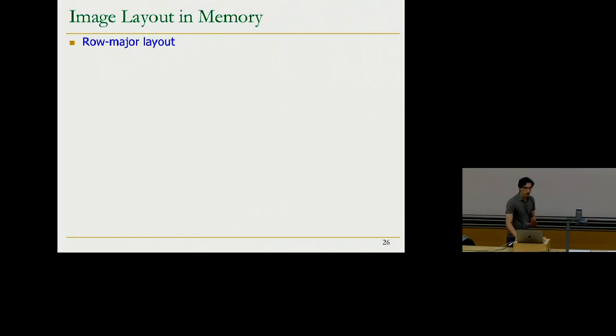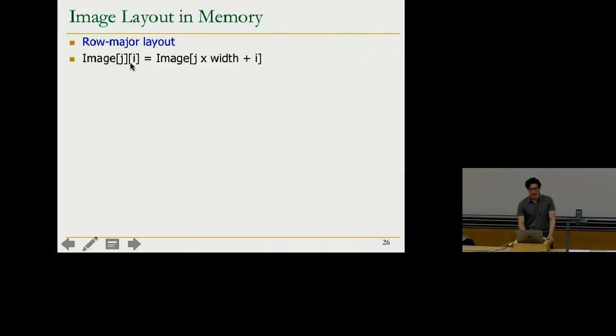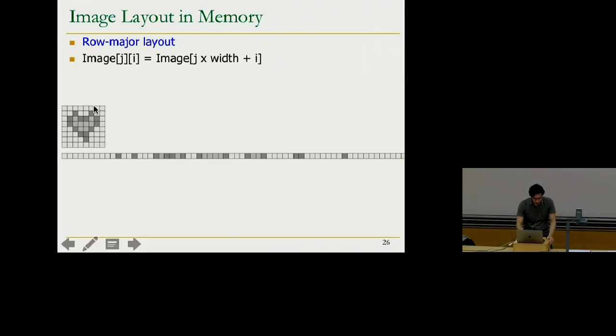We assume, and not only assume, in CUDA C we use a row-major layout that we explained yesterday, as you might remember. In this row-major layout, if we want to access image[j][i], what we are actually doing is accessing memory position j times width, which is the number of columns, plus i. So this is my image, and this is how my image looks in the GPU memory.